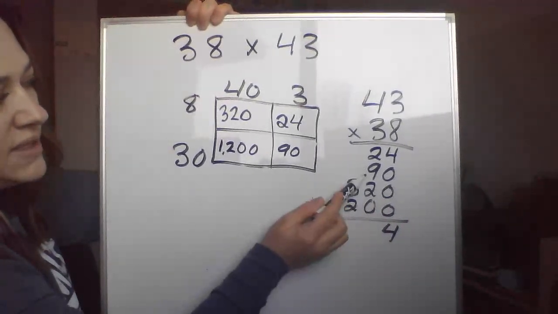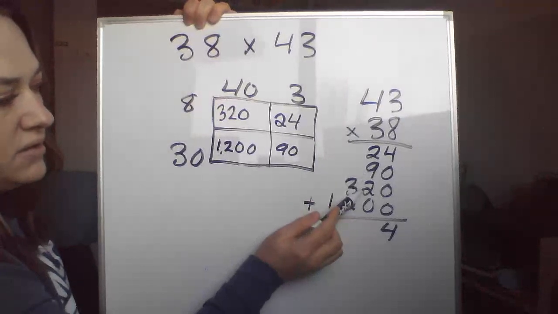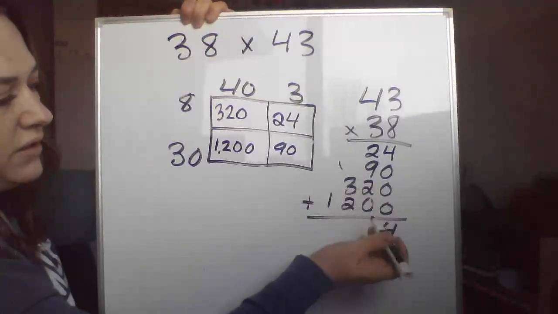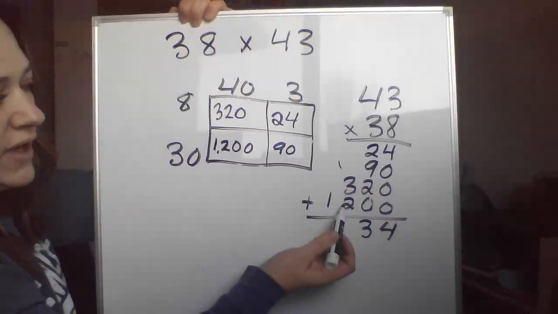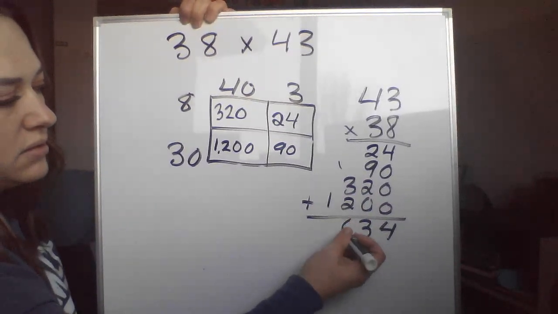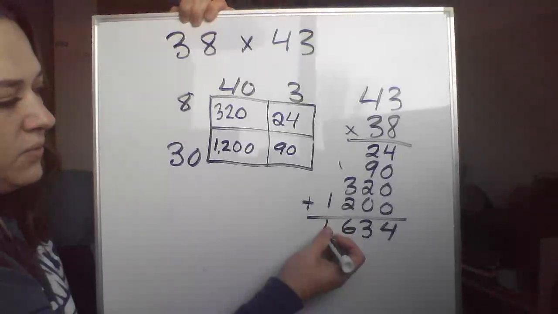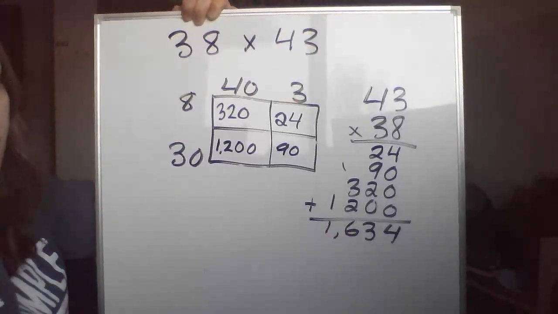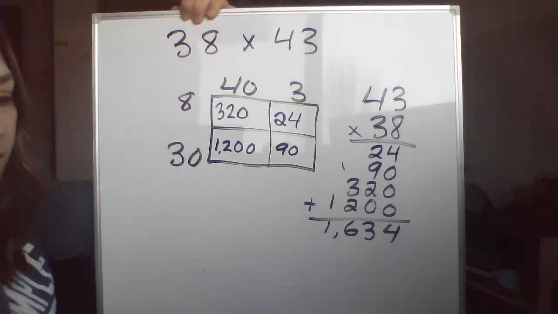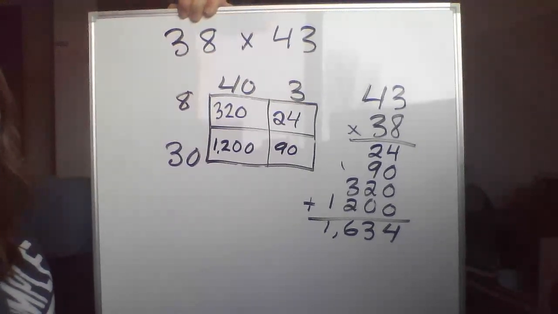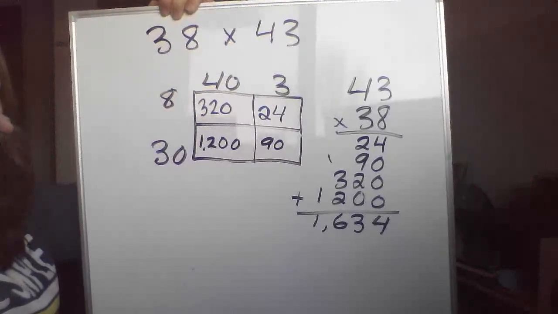So we have 2 plus 9, that's 11, 12, 13. Carry the 1, bring down your 3. 3, 4, 5, 6. Bring down our 1. So our final product is 1,634. Good.